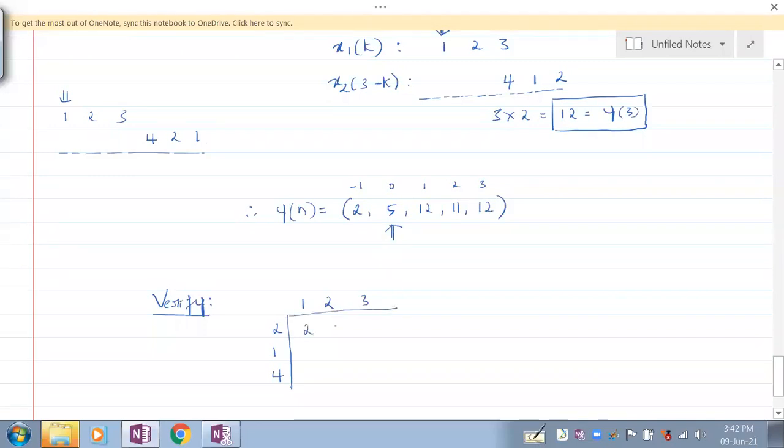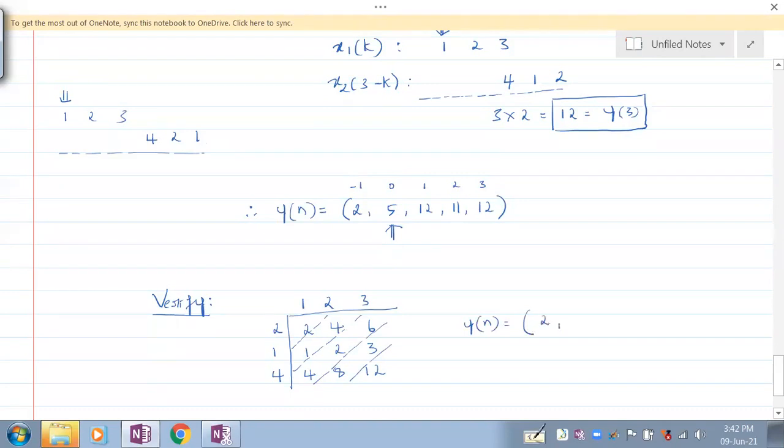So 2 ones are 2, 2 twos are 4, 2 threes are 6. Then 1 multiplying one time, two times, three times. 4 one time is 4, 4 two times is 8, 4 three times is 12. Okay, and now group in this particular fashion. So we get y of n to be this.